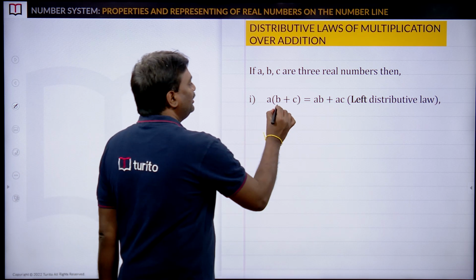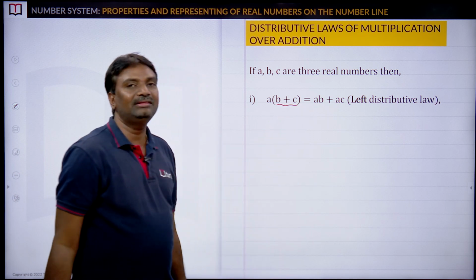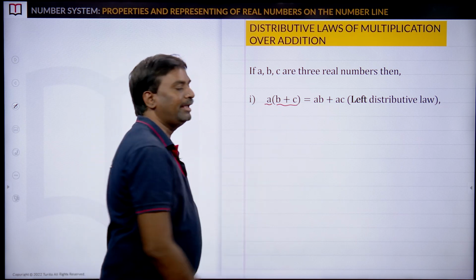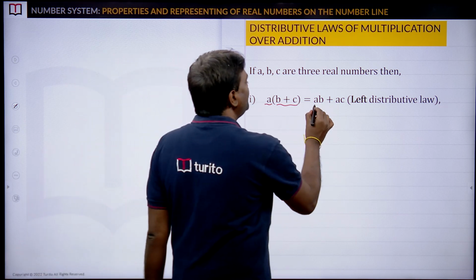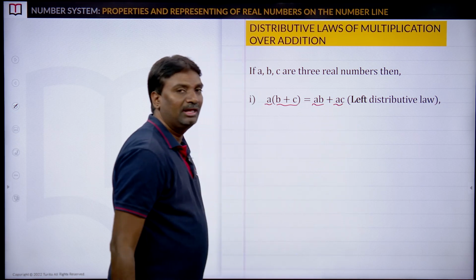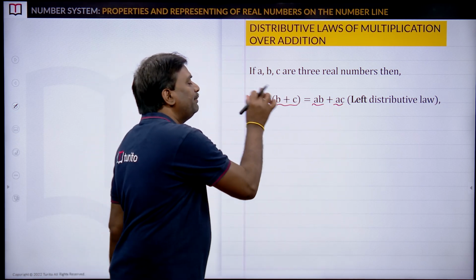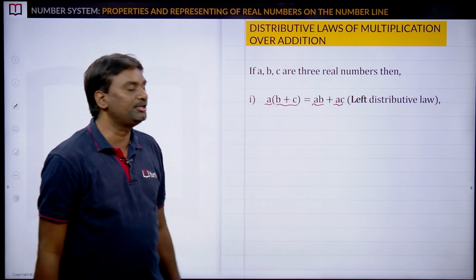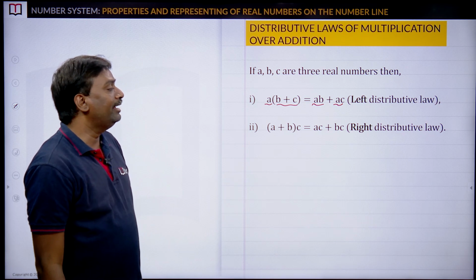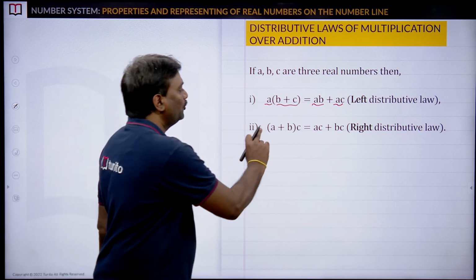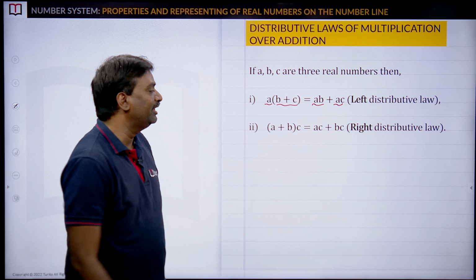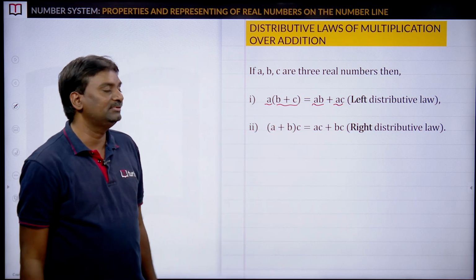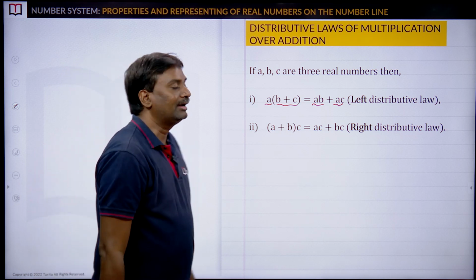Here, B plus C means we are adding the numbers B and C, and after getting the sum, we are multiplying that by A. So, the RHS is A into B plus A into C. Here we are multiplying B plus C by A from the left side. That is why we call it the left distributive law. Similarly, (A plus B) into C equal to A into C plus B into C. Here we are multiplying A plus B by C from the right side. That is why we say this is the right distributive law.